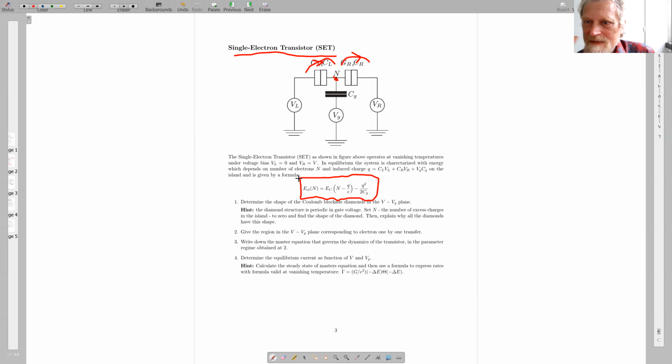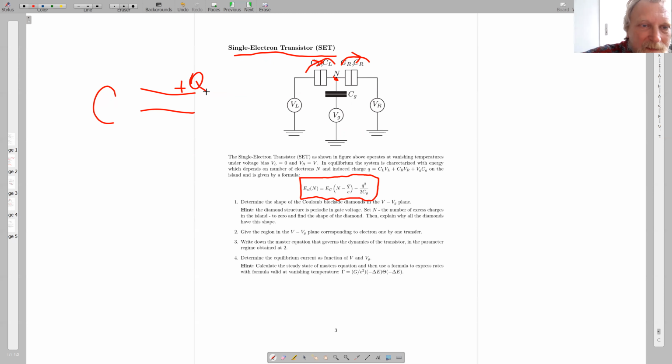Let us try to recall electrostatics. So there is a capacitor of capacitance C with a charge Q on its plates. What is energy?